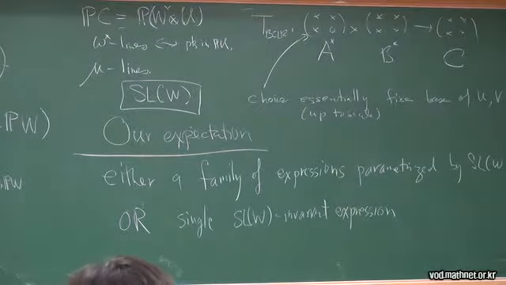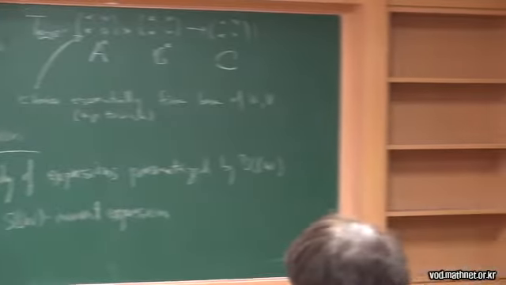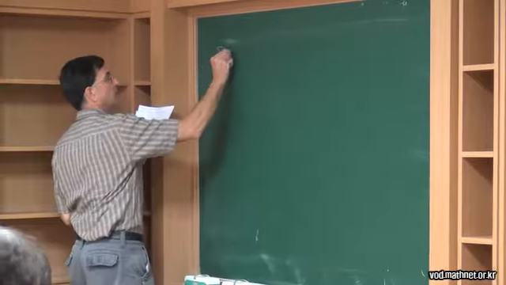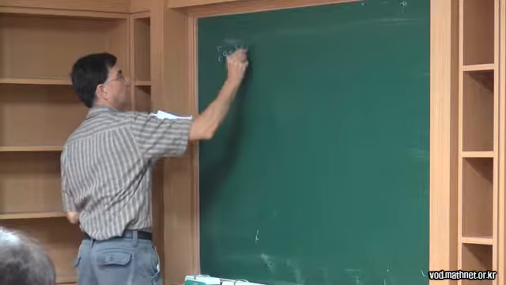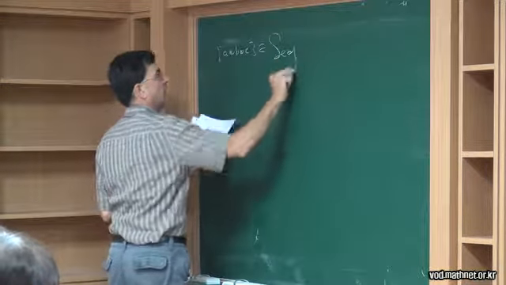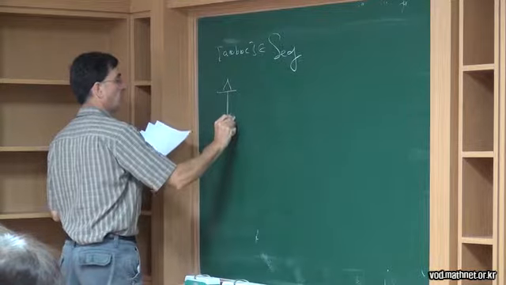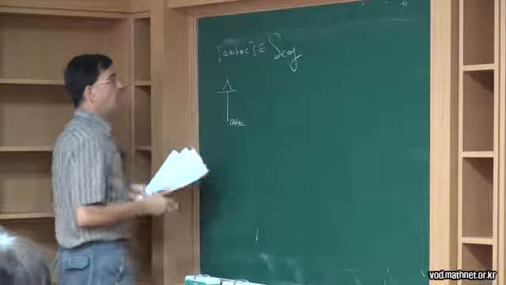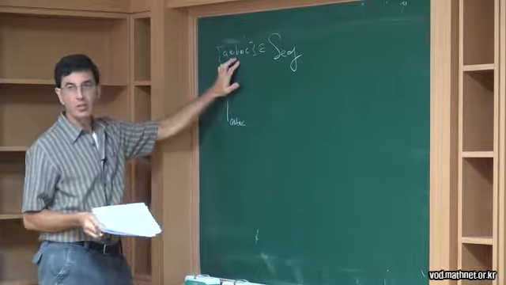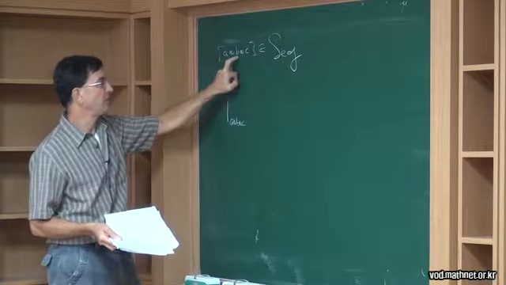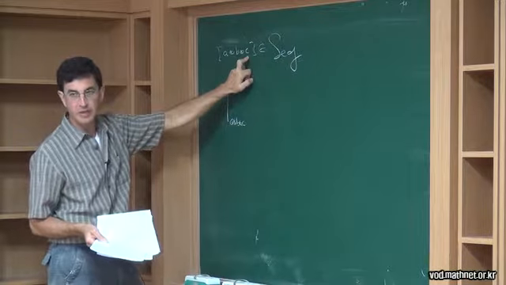Now, let me remind you of one more thing. If I have a point of the Segre, then the affine tangent space of this point, well, if I have a curve in this Segre, what does that mean? It means I have a curve in my first vector space, a curve in my second vector space, and a curve in my third vector space.